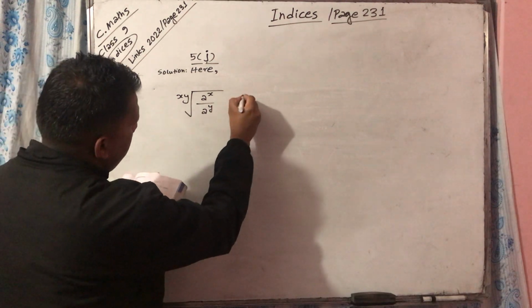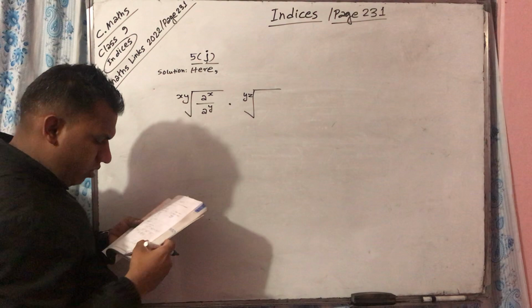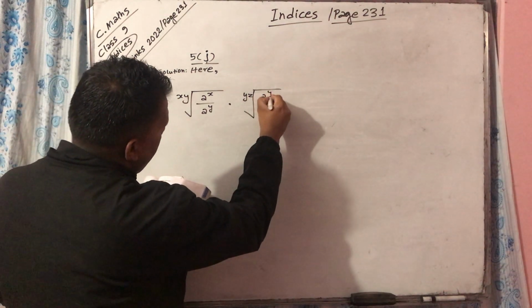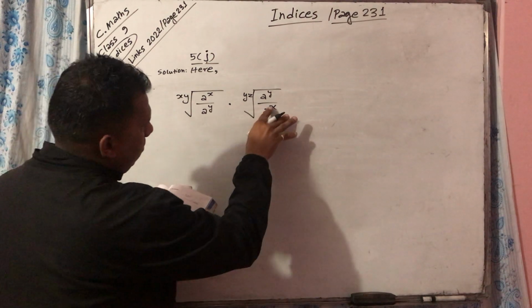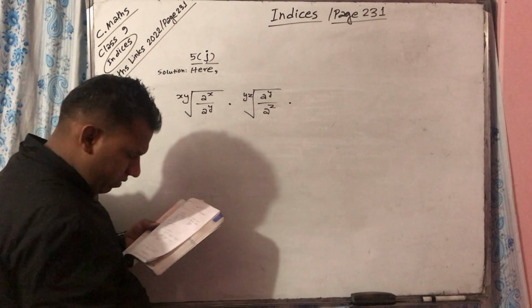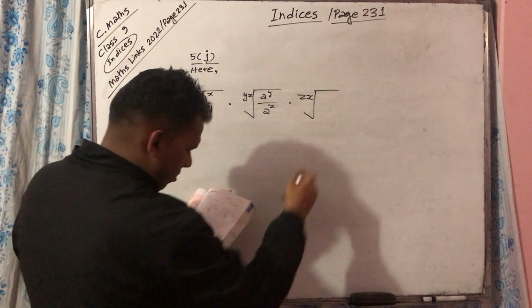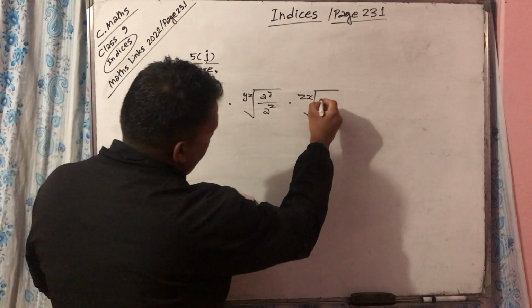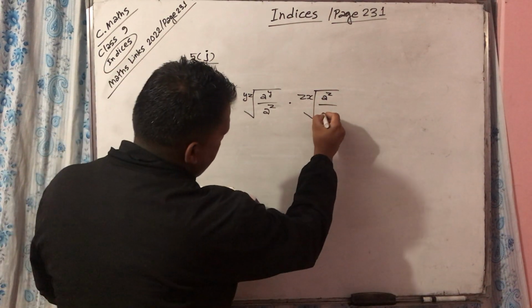Multiply with yz root a to the power y upon a to the power z. Sorry, a to the power z. Multiply with zx root a to the power z upon a to the power x.